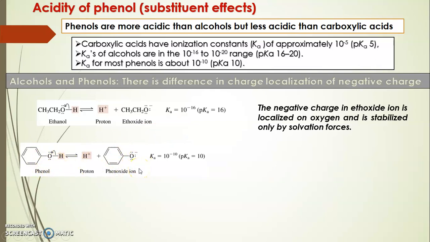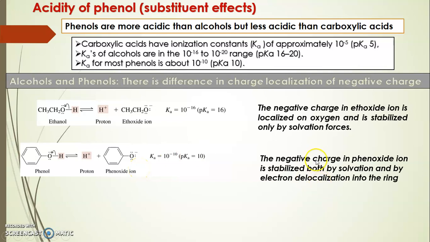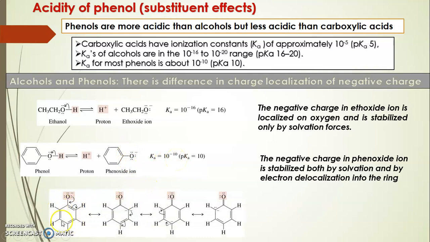But in phenoxide, the negative charge is stabilized by solvation as well as by electron delocalization. So the negative charge on this oxygen is delocalized over the aromatic ring like this. These are the resonance structures of the phenoxide ion, and because of the stability of its conjugate base, this forward reaction will be more favored.